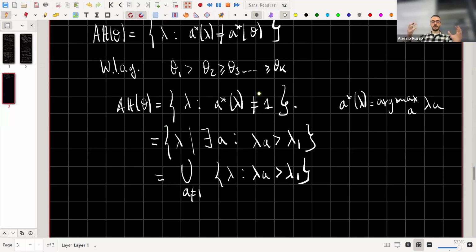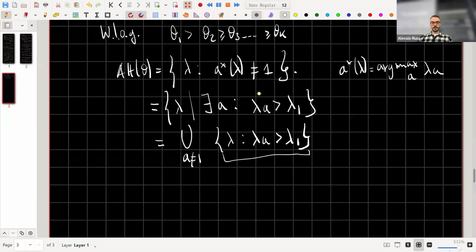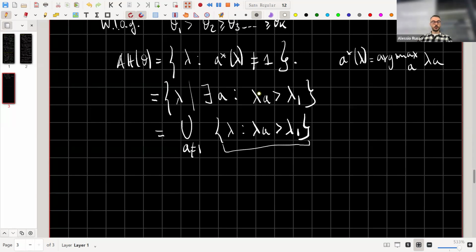So basically, we decompose the global set of alternative models and partition it into different sets of alternative models. In each set here, arm A could be optimal, and we call it alt A theta.